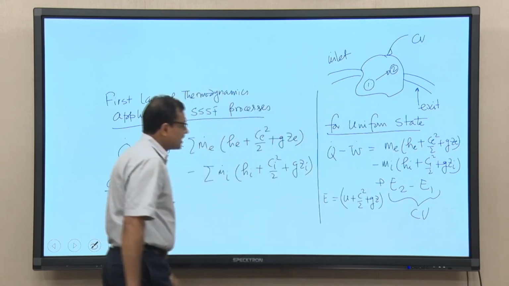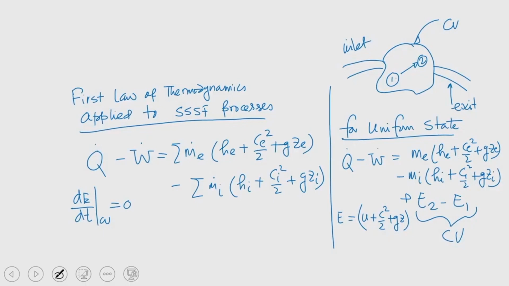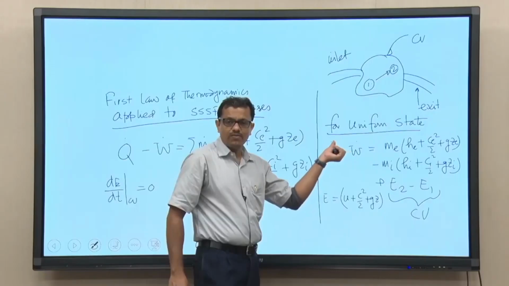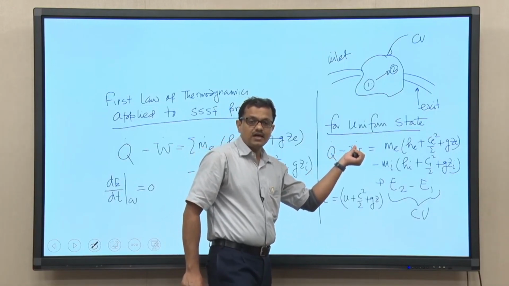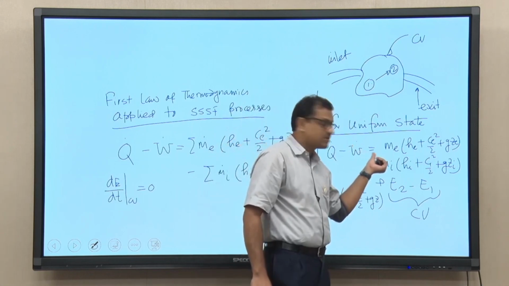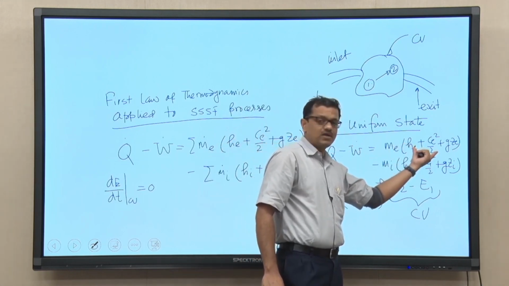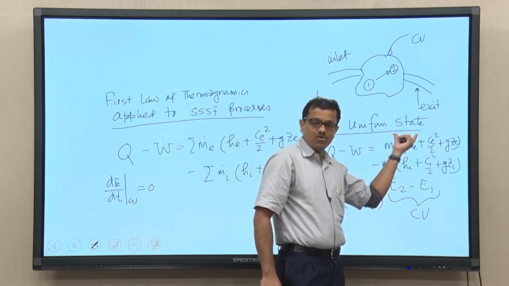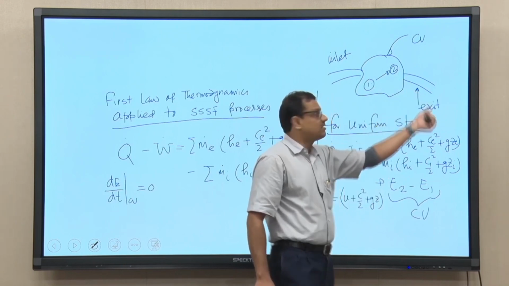So, here try to understand, again I am telling this Q dot is energy input to the control volume by heat, W dot is energy output from the control volume by work. The first quantity, that is m_e multiplied with this quantity, is the energy out from the control volume by flow, because flow is continuously there.